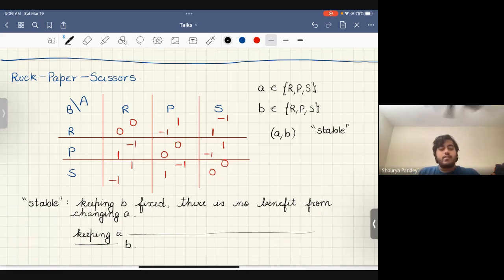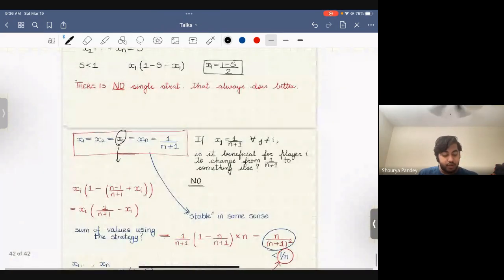That is, in some sense, a is one of the best responses to b, and b is one of the best responses to a, and that was true here, right?